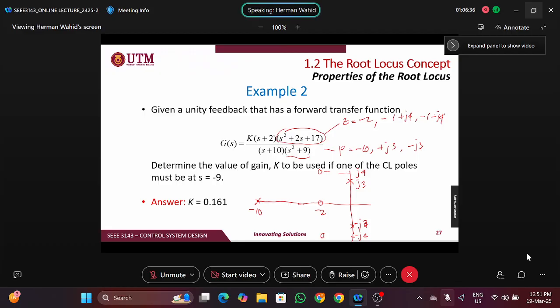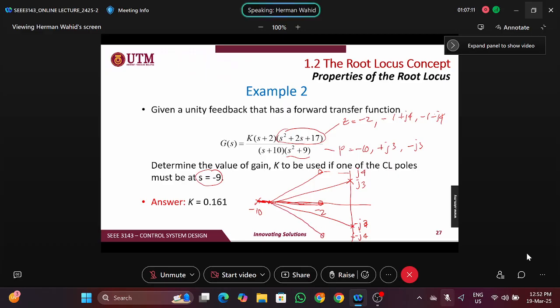Then we locate the value of the testing point that we want, which is at -9. Okay, and then we connect to all the poles and zeros. So we have this line, we have this line, we have also this line, we have this line, and finally we have this line.